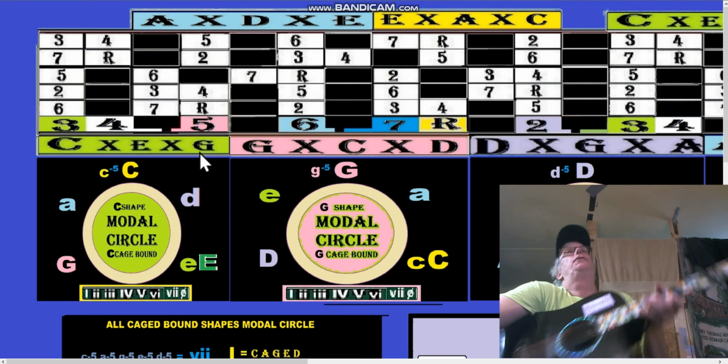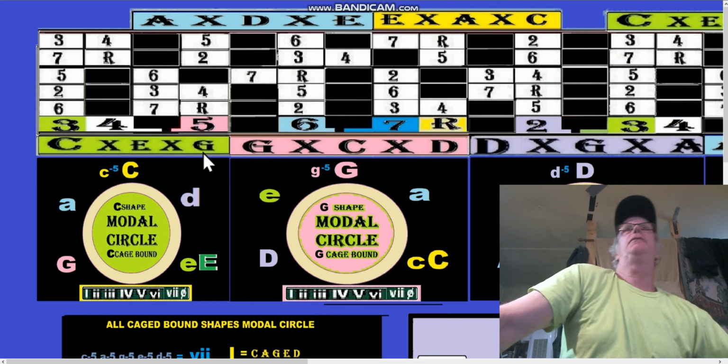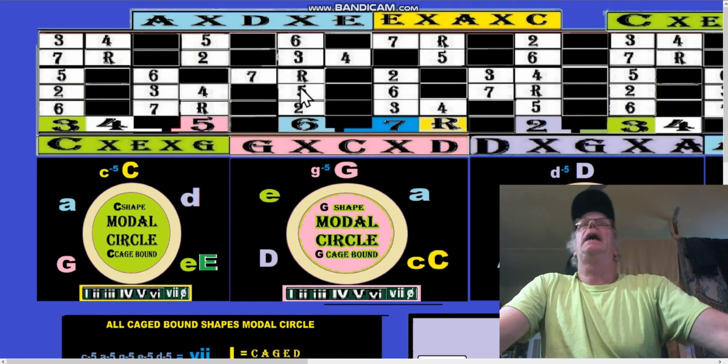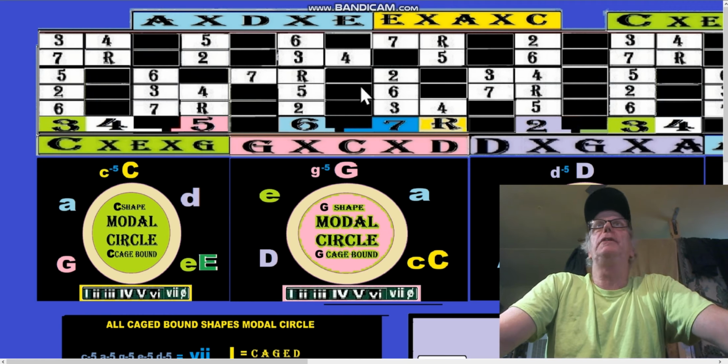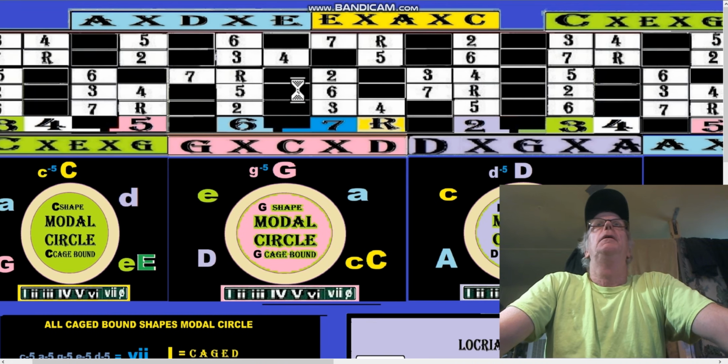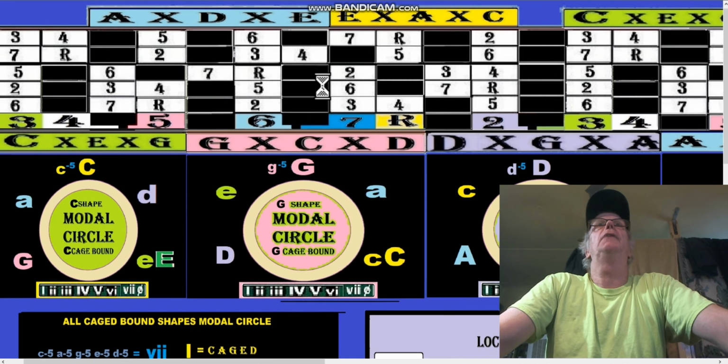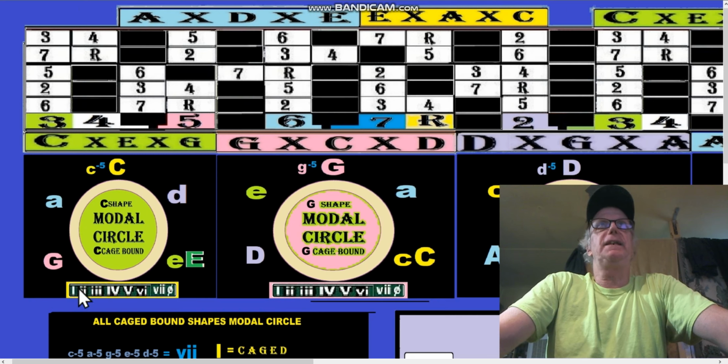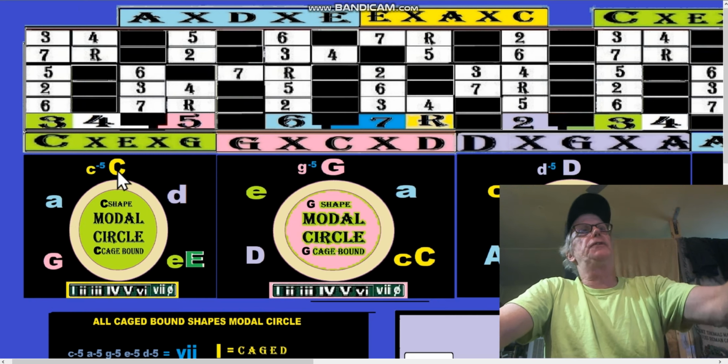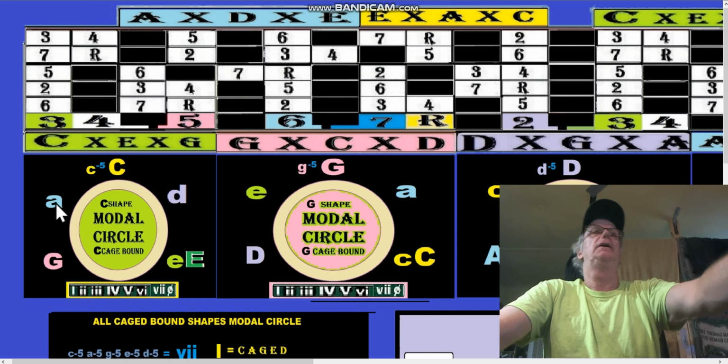So those are the modes. Now each of the shapes has the modal relationships, but we have to count from. Let's look at what we did in C. We're going up a pentatonic scale. C, D, E, G, A. That's it.